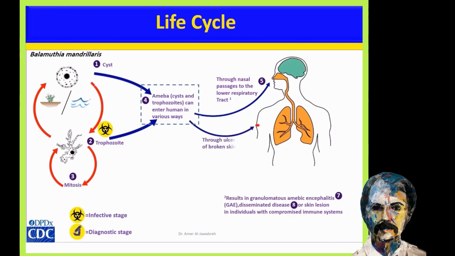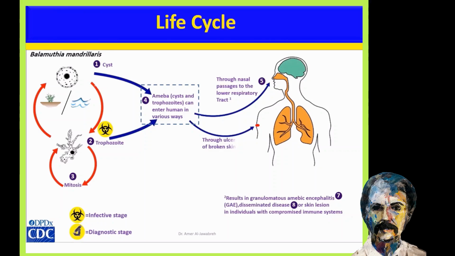If you have a wound in your skin, in your hand, in your leg, then this amoeba can go inside the wound. Not like Naegleria fowleri, the trophozoite and the flagellated form. Does the cyst play a role there? No. Here, cyst and trophozoite can go inside the wound or inside your nose and the lung and cause infection.